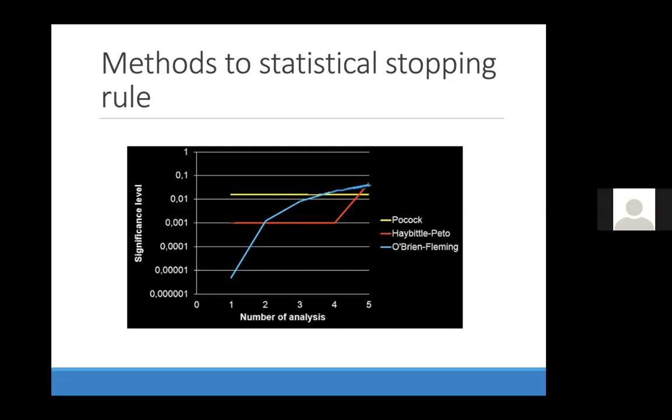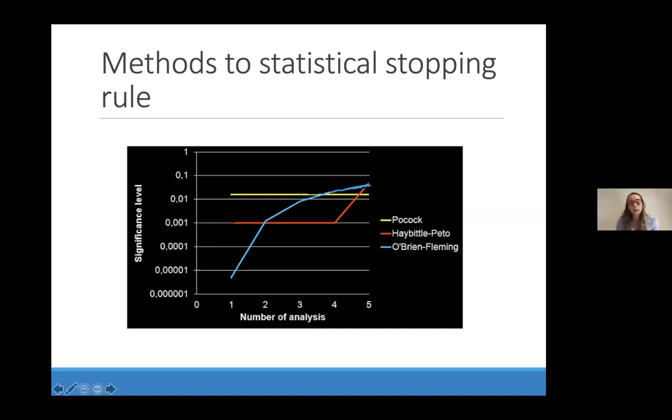And for the Pocock approach, I think it's a fixed nominal level, so maybe it's easier to use. I don't know, but it's difficult to report the result. No, that's perfect. Thank you.